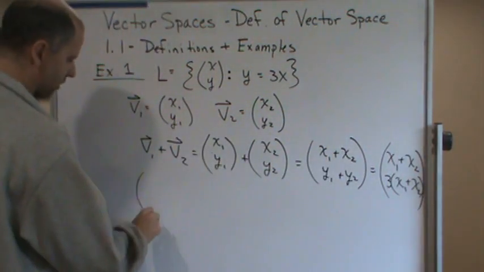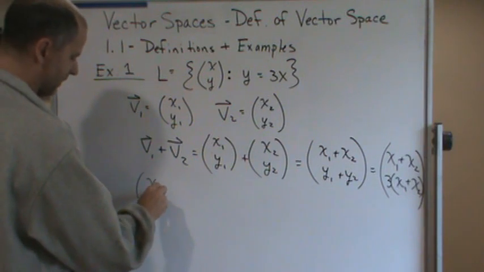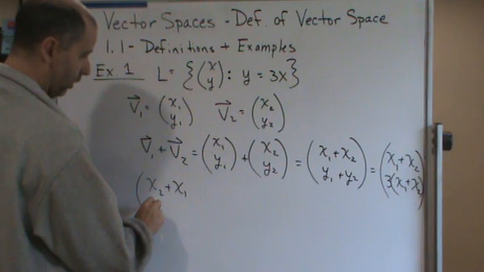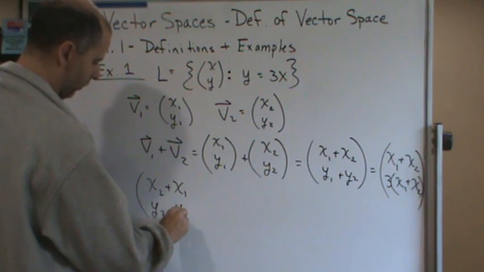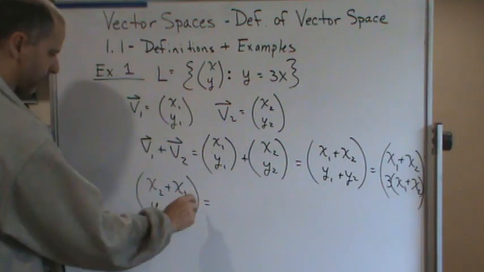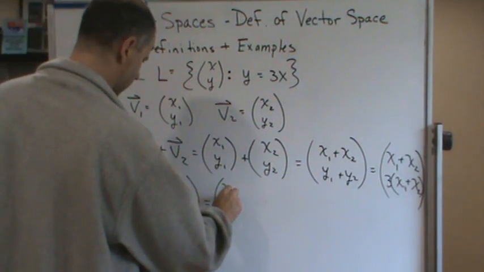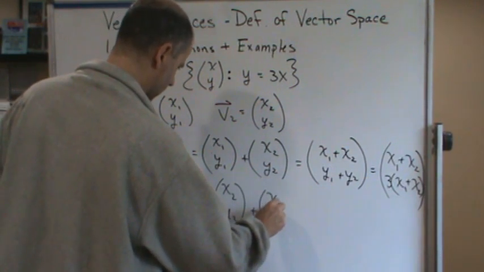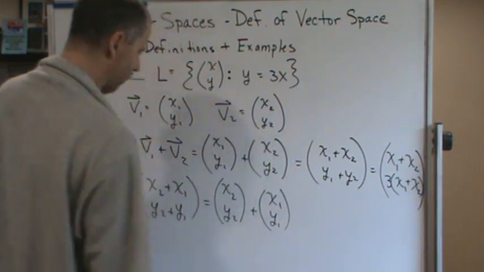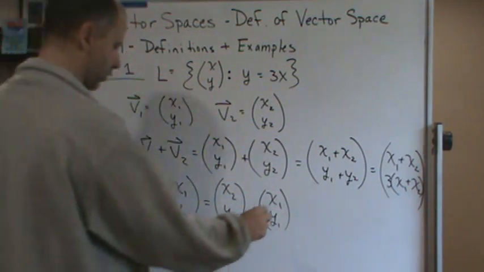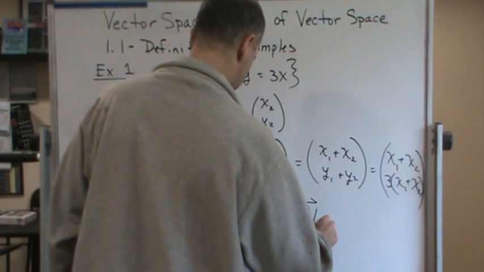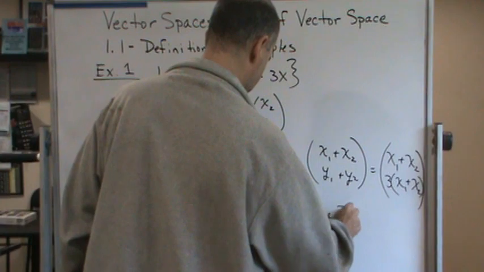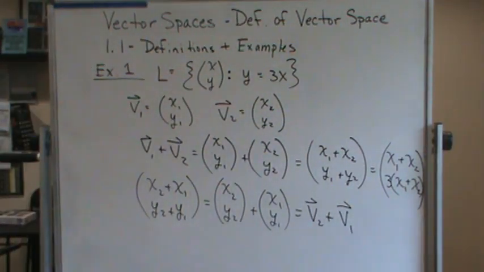So if I rewrite them as (x2 plus x1, y2 plus y1), well, I can then just split them apart into two vectors, and I get (x2, y2) plus (x1, y1), which is equal to v2 plus v1. And so I've demonstrated that the commutative property works for vectors in L.